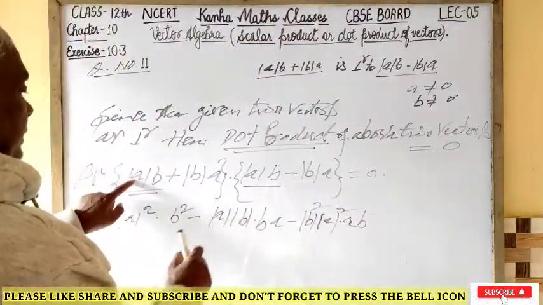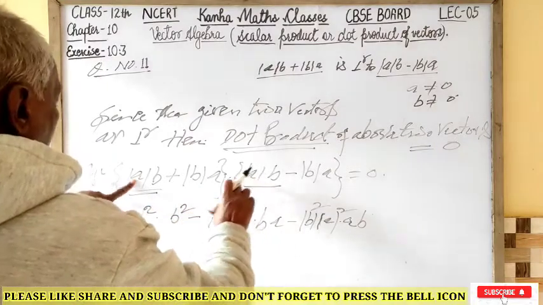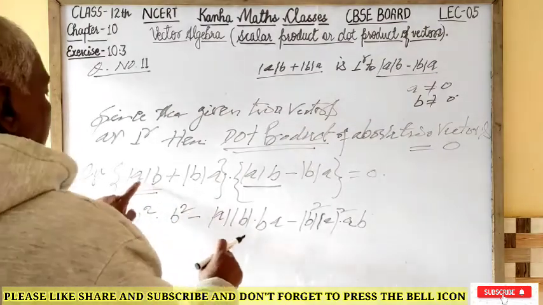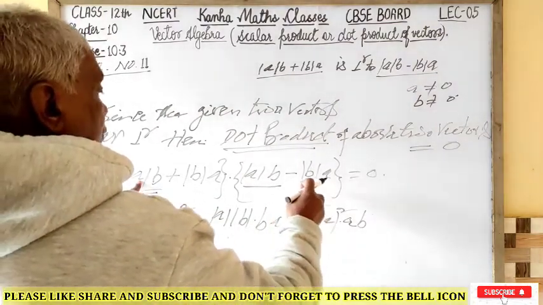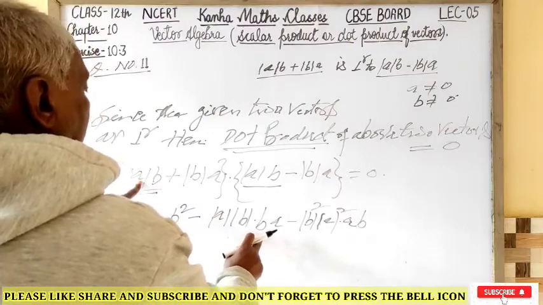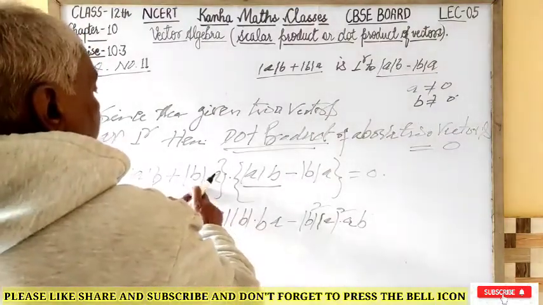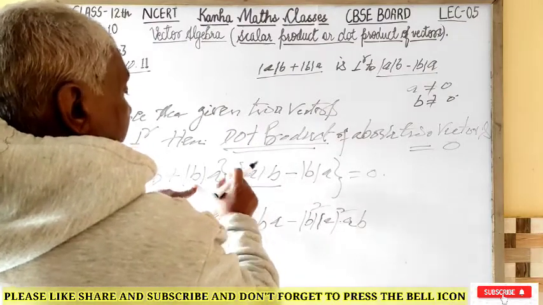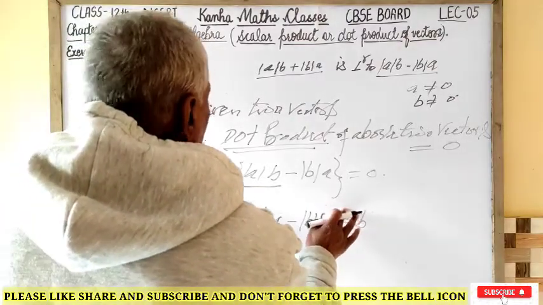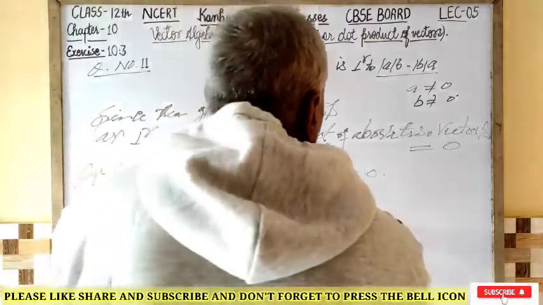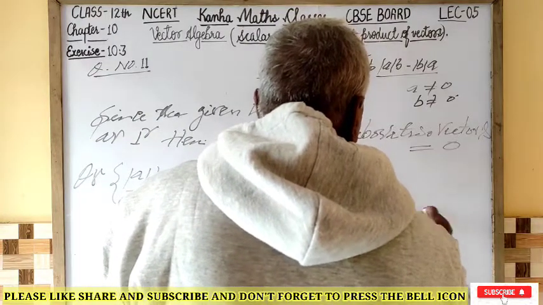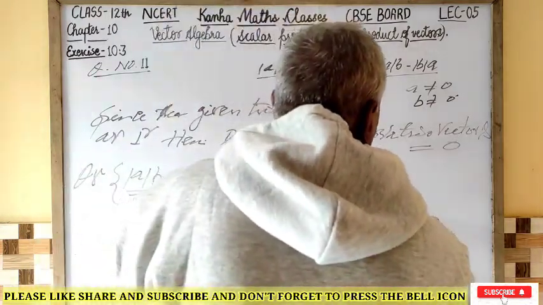First of all, we will multiply this into this, |A| into |A|, |A| squared, |B| squared, and |A| into |B|, B dot A, and from this |B||A|, A dot B, and this |B| squared and |A| squared.